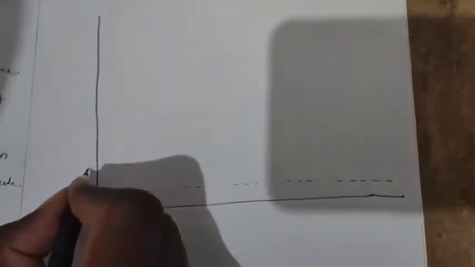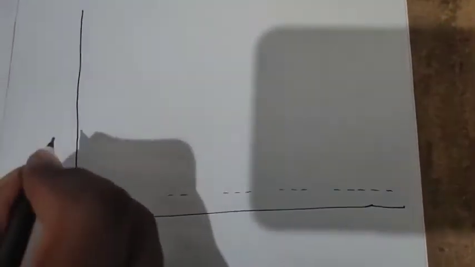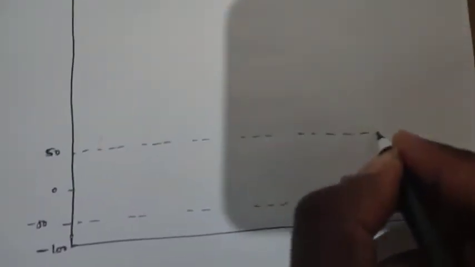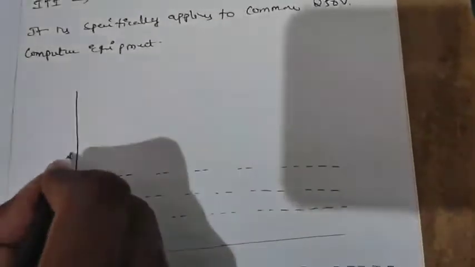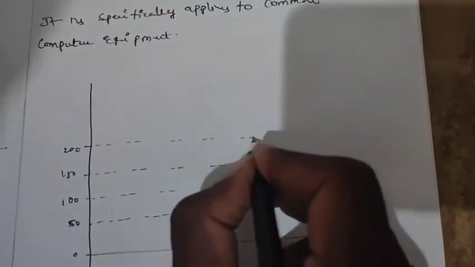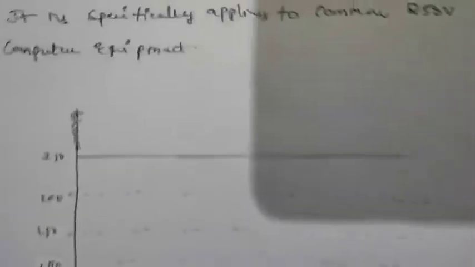This is 100 volts, this 50, that is the percentage change in voltage, and the next positive values, 200, 250, commonly applied from 250.